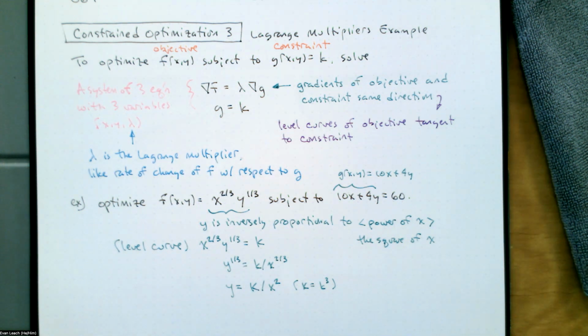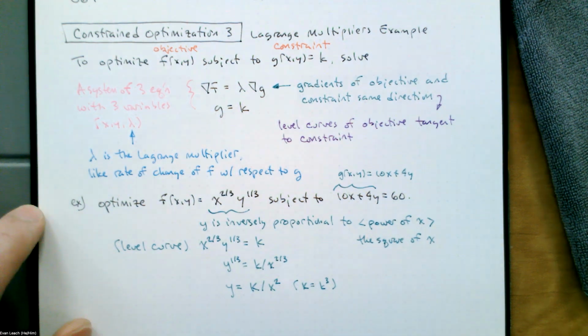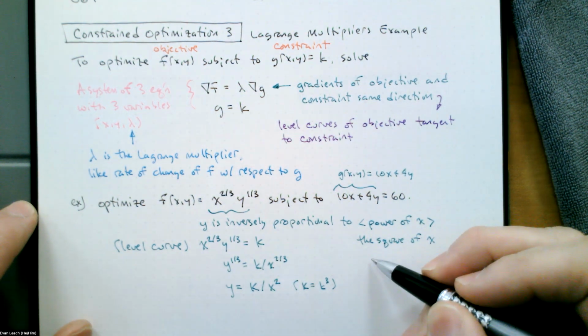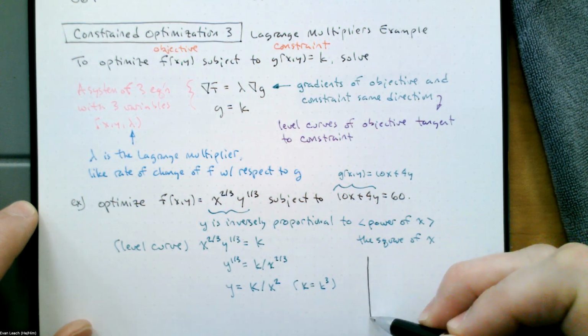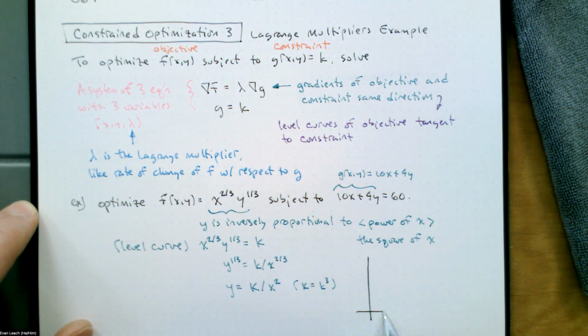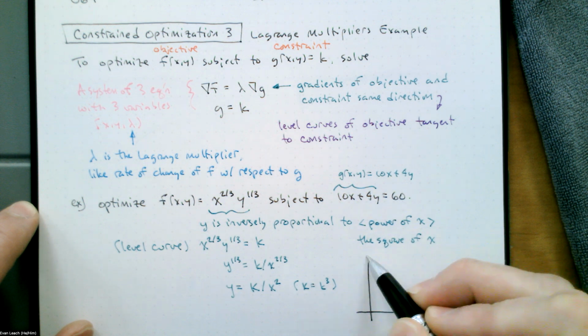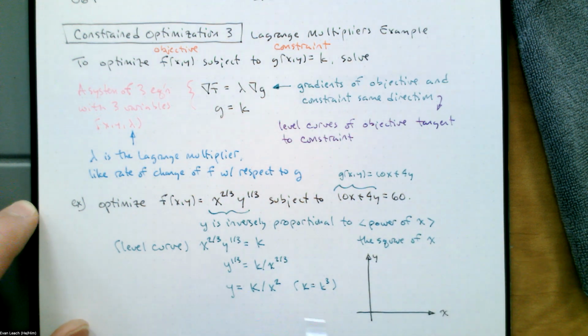When I say the function is x to the 2/3, y to the 1/3, we're saying that these two variables are inversely proportional, or in this case, y is inversely proportional to the square of x. When one variable is inversely proportional to a power of another, we'll have a predictable-looking level curve. As x goes off towards infinity, y will drop down to 0, and as x gets closer to 0, y goes up to infinity.